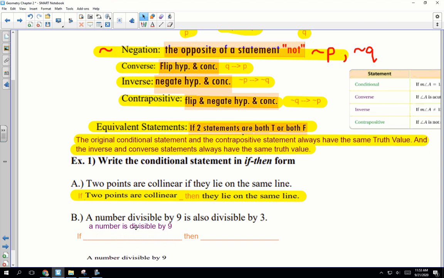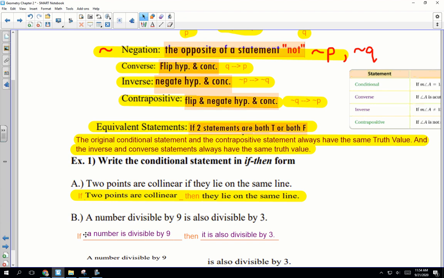So I'm going to trade this out. Sometimes we have to use our English language arts skills and make the sentence make sense. So, if a number is divisible by 9, then it is also divisible by 3. The conclusion was kind of missing some words, so I'm going to add the "it" along with it, so it makes sense.